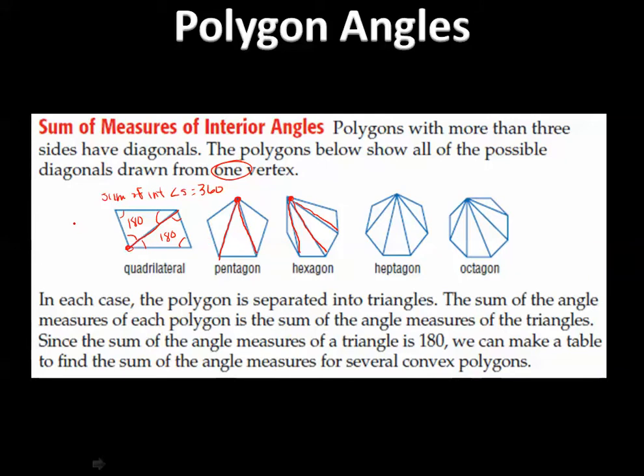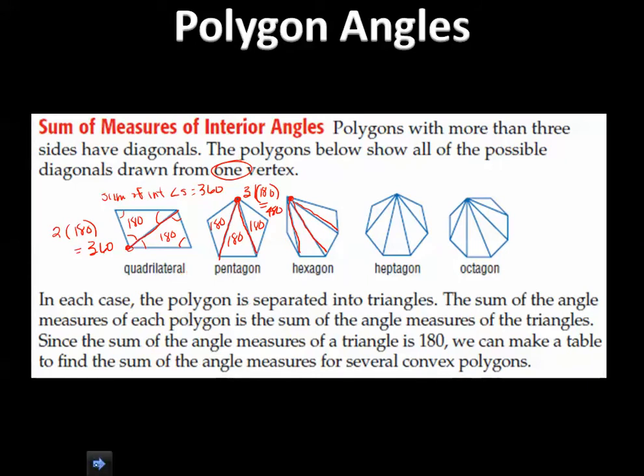All I did was take 2 triangles times 180, and that equals 360. And it's going to work for each one. So you've got 180, 180, 180, 3 times 180, and then whatever that equals. 3 times 180 is 540 degrees.